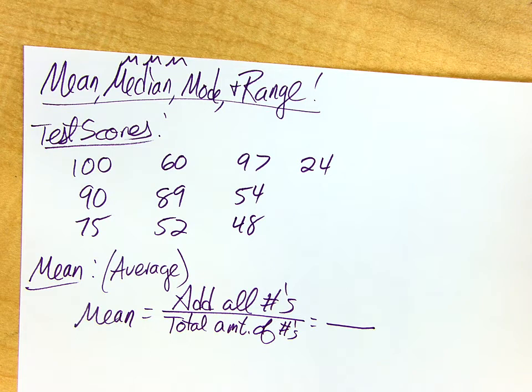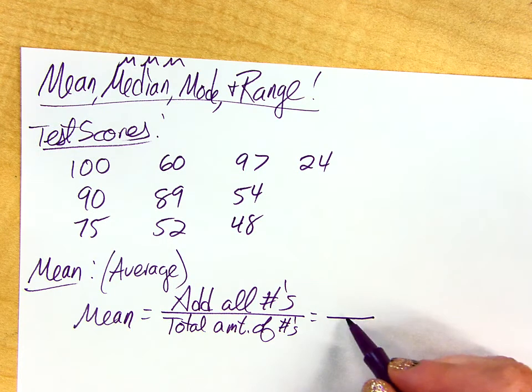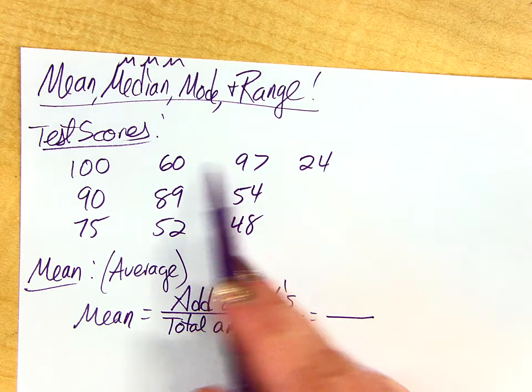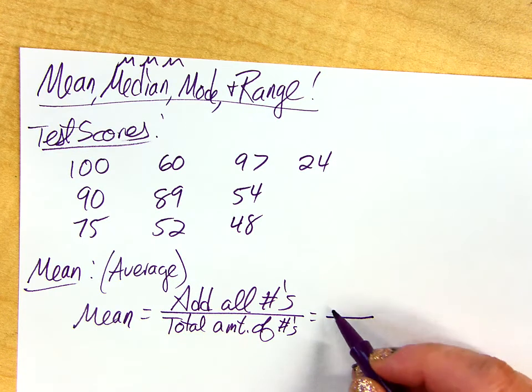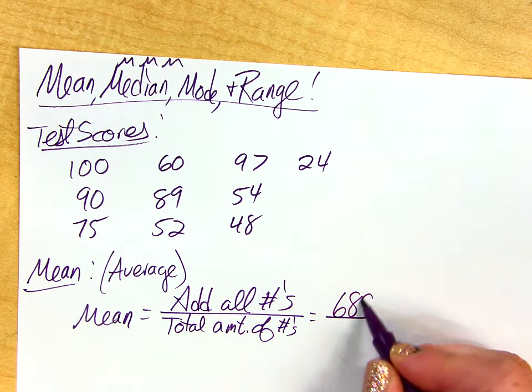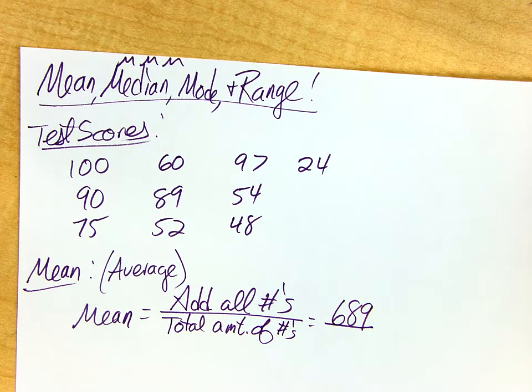Okay, so you're going to add all of your test grades together, and that's going to give you one big old number. Pablo, you got it? I got 68.9. Oh, you have a final answer already. When you add all of these numbers together, I believe you get 689. So make sure that you're getting 689.